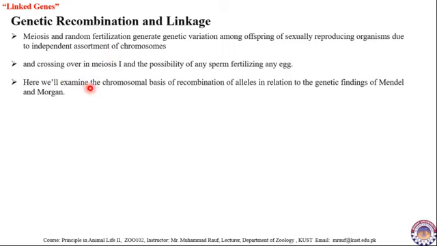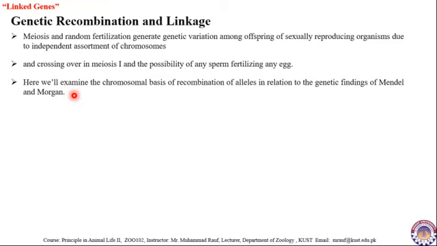Here we will examine the chromosomal basis of recombination of alleles in relation to the genetic findings of Mendel and Morgan. So chromosomal theory of inheritance was presented back in 1902 by Walter Sutton and Theodore Boveri.